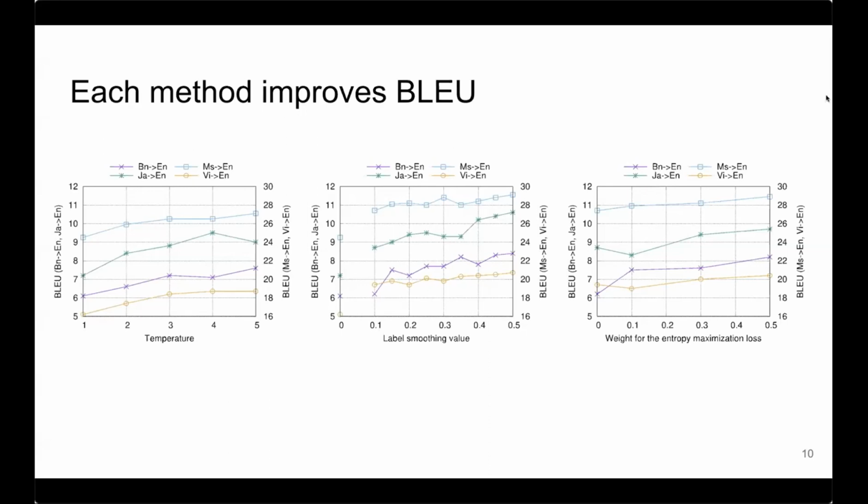Finally, if the entropy maximization loss weight is increased from 0 to 0.5, keeping a label smoothing value of 0.1, which is the default, and no softmax tempered training, then we can see that as the entropy maximization loss weight is slightly increased, the performance also improves. So independently, all these methods have a positive impact on low resource training.